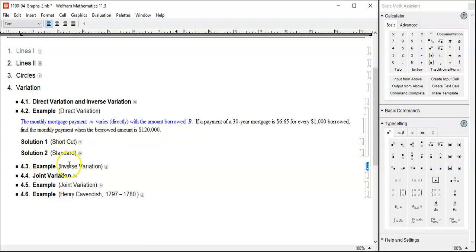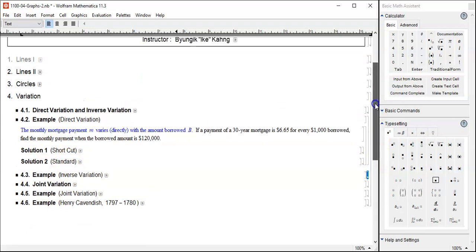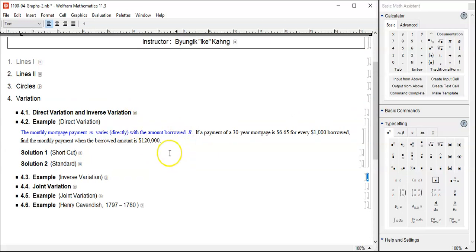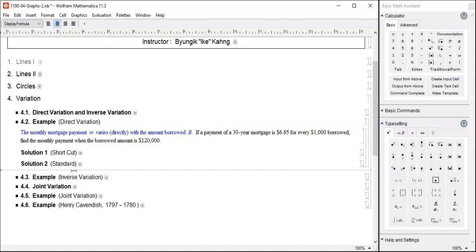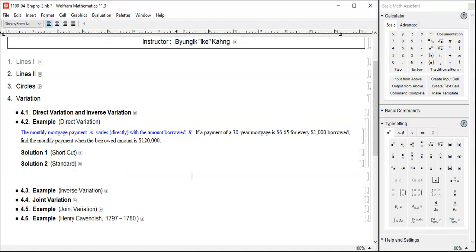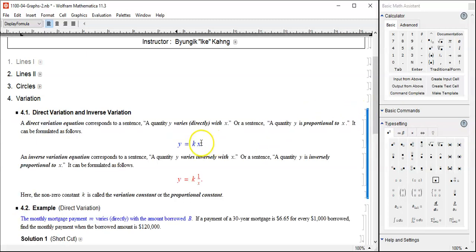Let's go to the standard method for example 4.2, the mortgage example again. And this time, let's slow down and break all these steps into a 4-step process. Step 1 is the variation equation. So the variation equation looks like this, but we need different characters.